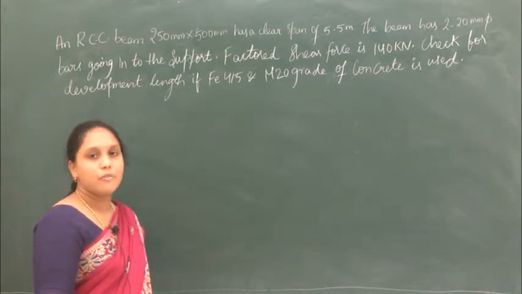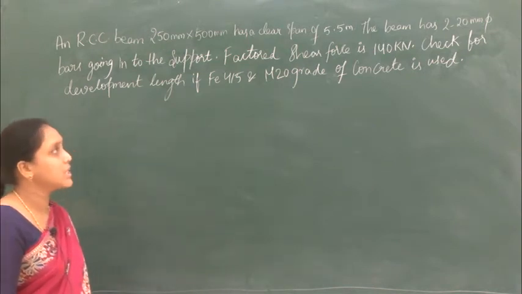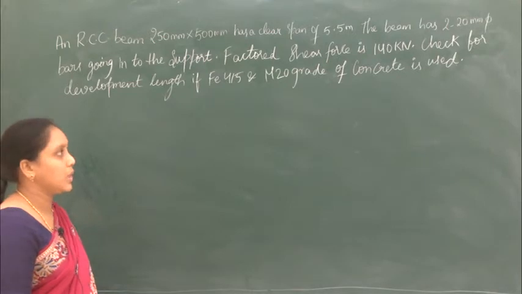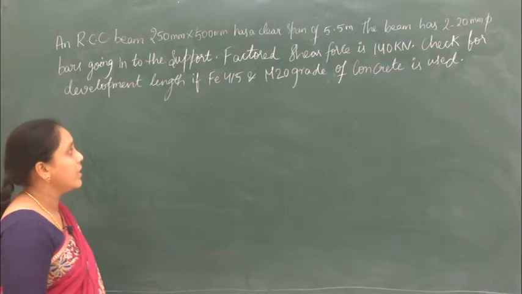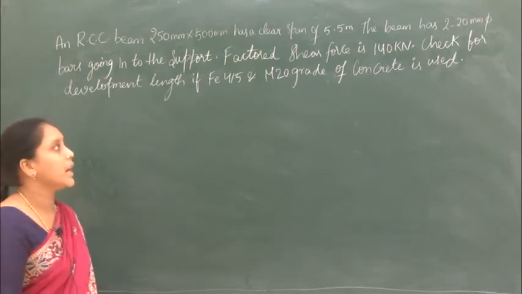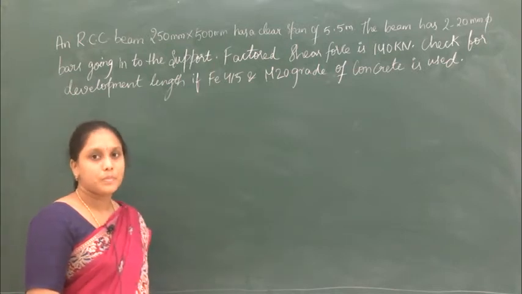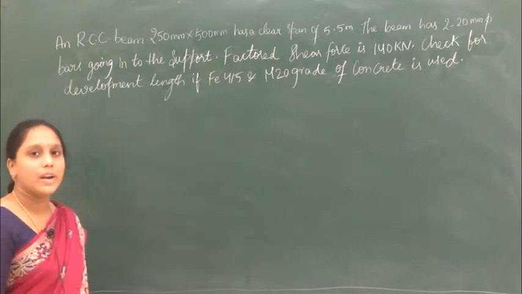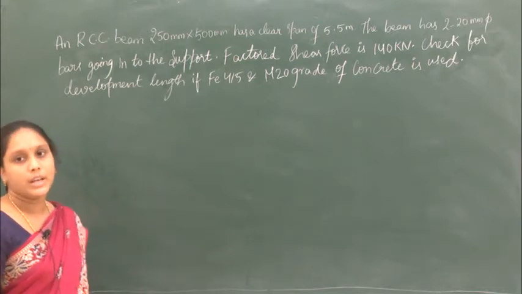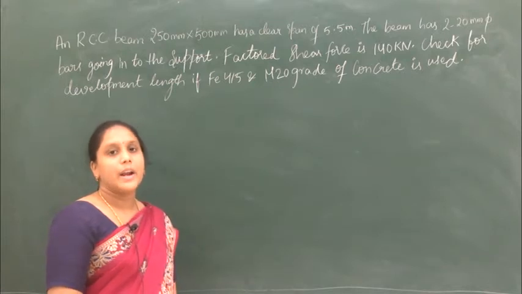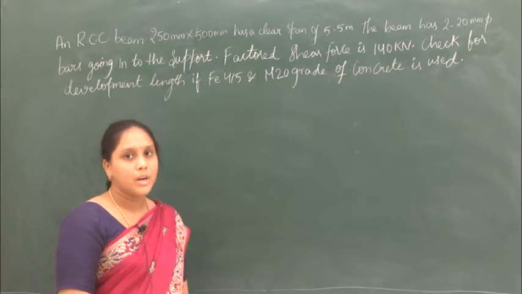The factored shear force is 140 kilonewton. Check for the development length if Fe 415 and M20 grade of concrete is used. So here we are asked to find out or check the development length, if the grade of steel is Fe 415 and the grade of concrete is M20.